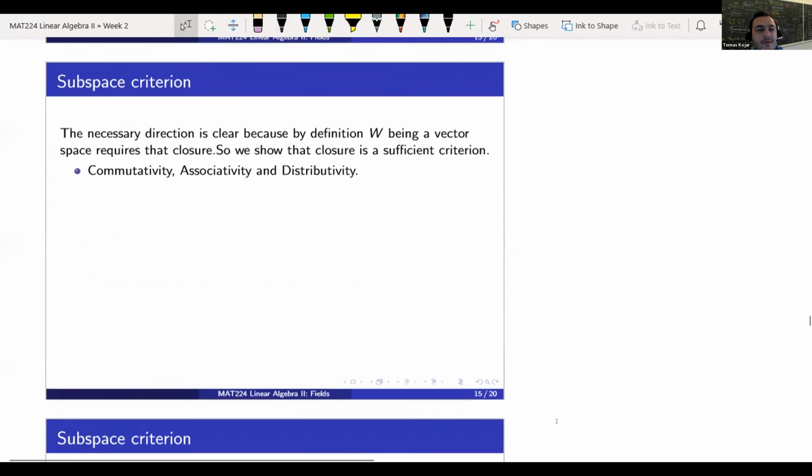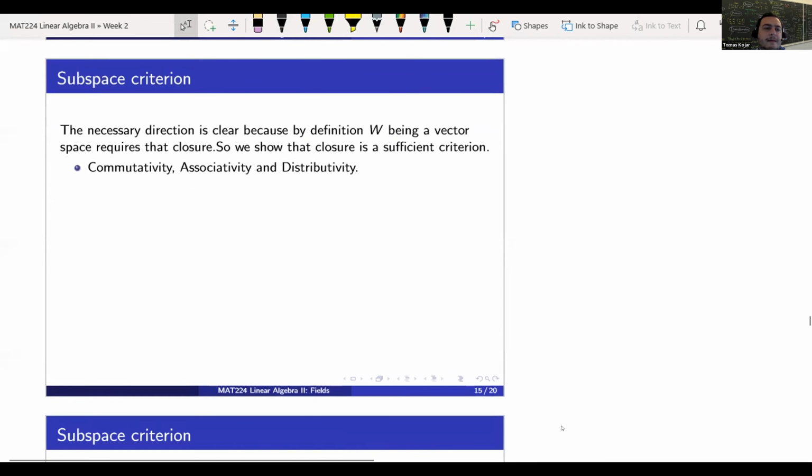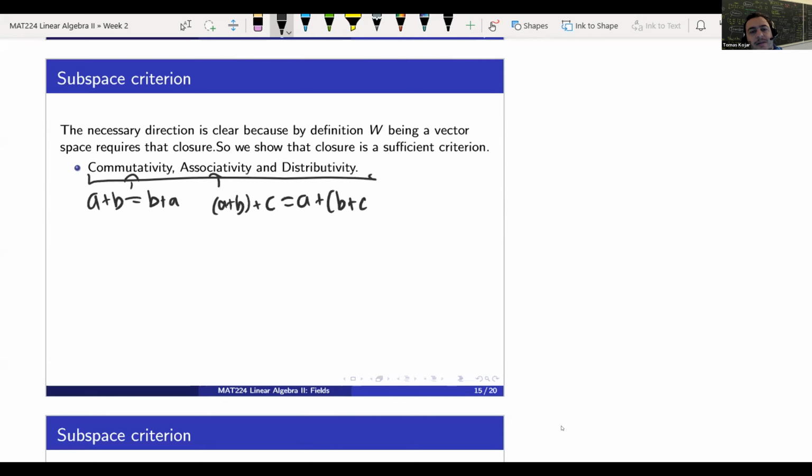All right, so we're going to go through the axioms. The first ones are algebraic, such as A plus B is B plus A. This is commutativity. This was associativity: (A plus B) plus C is A plus (B plus C).